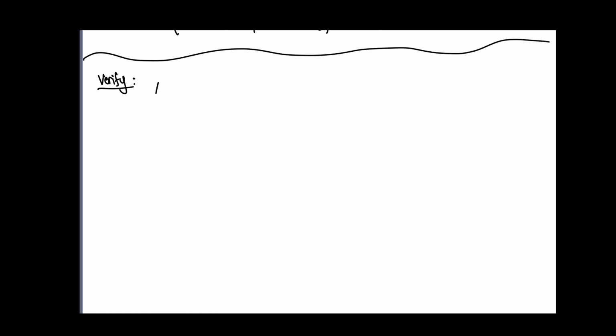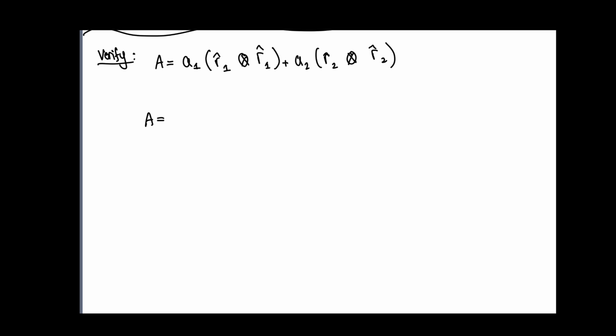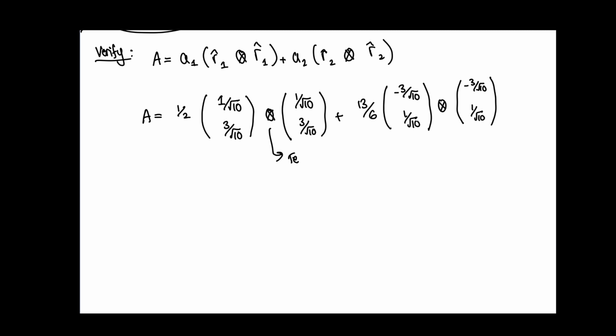So if I rewrite that equation, and if I now fill in all the information that we have, a half, 1 over root 10, 3 over root 10. Okay, so these are the tensor products.